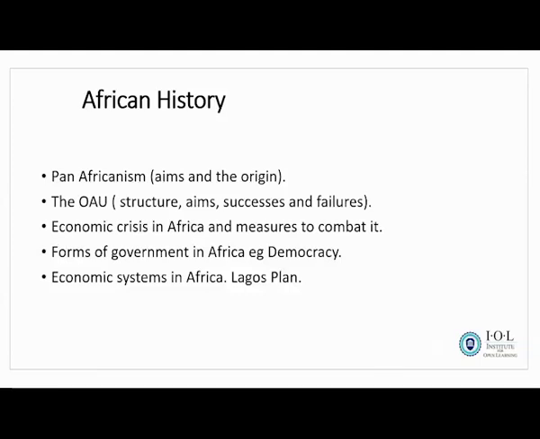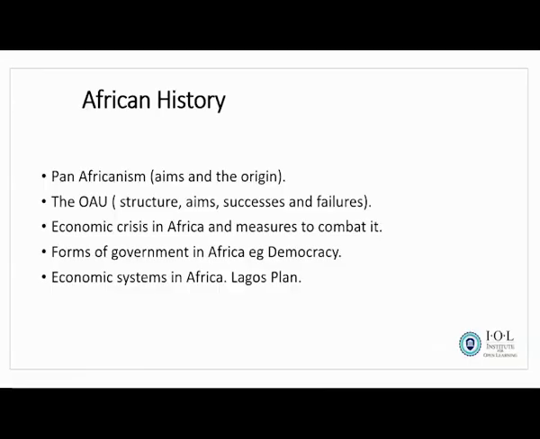By knowing the successes and the failures, you'll be able to indicate how the Namibian people, the African people, would have felt or thought about the establishment of this Organization of African Unity. And don't forget, this is what is known today as the African Union, in short, AU.